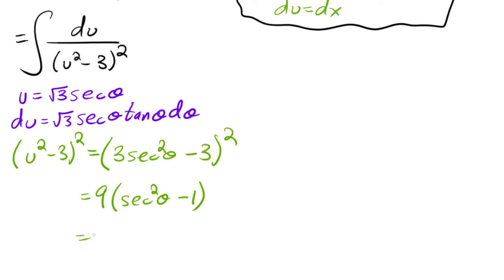So this is equal to 9 times secant squared minus 1, that's tangent squared.